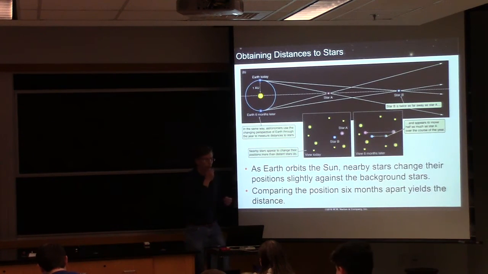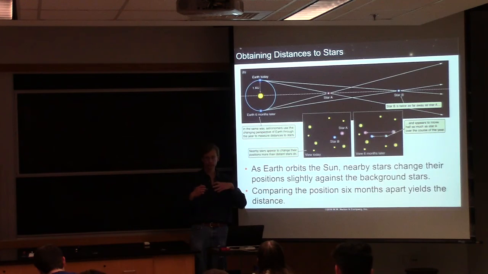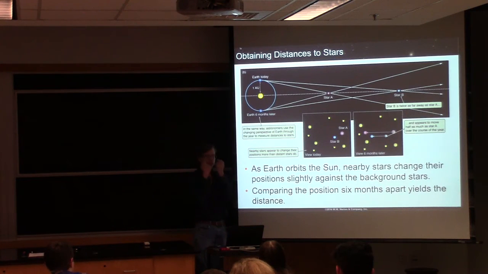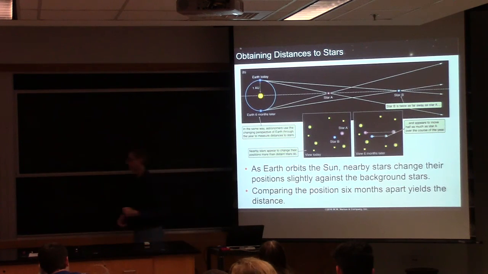Your brain, without you having to think about it, is constantly using parallax information to give you your depth perception when both eyes are open. Stars are way too far away for that. We need a bigger baseline, something that's a lot bigger than the distance between our eyes. To the rescue comes the fact that we are orbiting the sun.